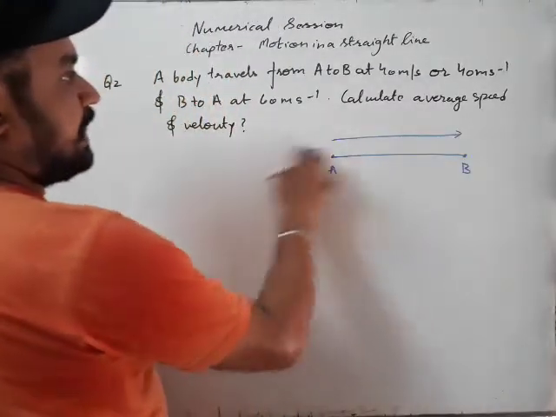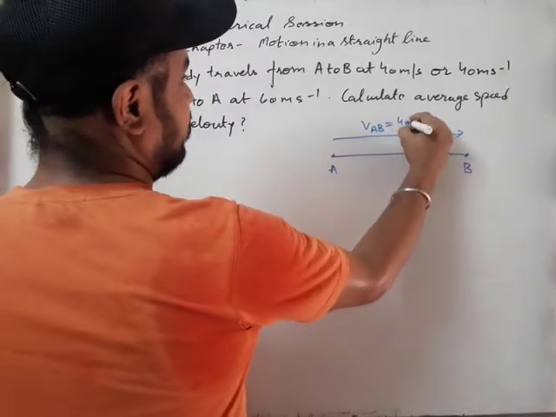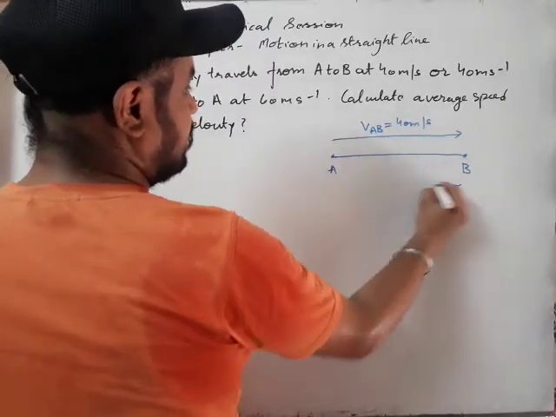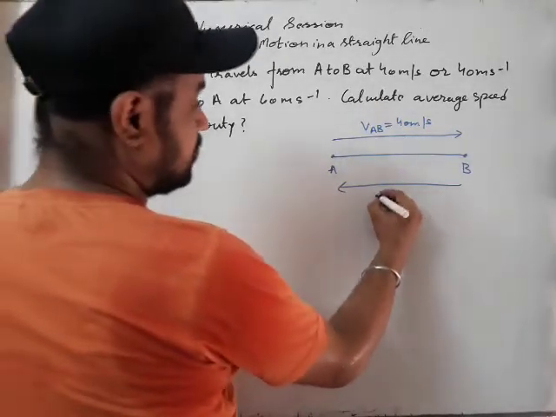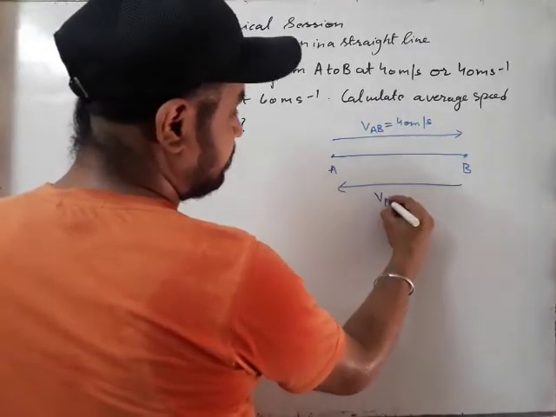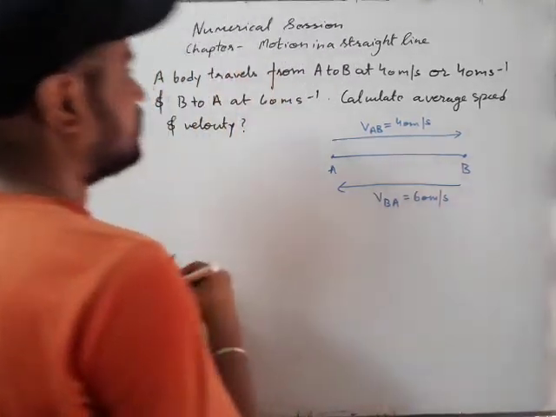This is the path A to B. It travels VAB at 40 meter per second. Since direction is mentioned over here, that's why I have written velocity. Velocity B to A is 60 meter per second, given to us.